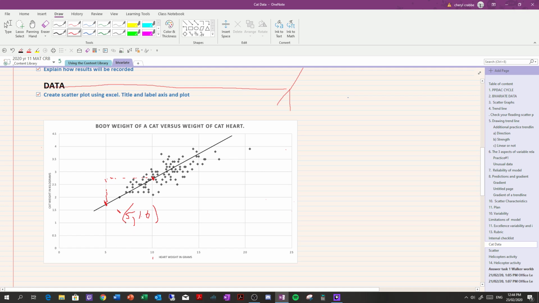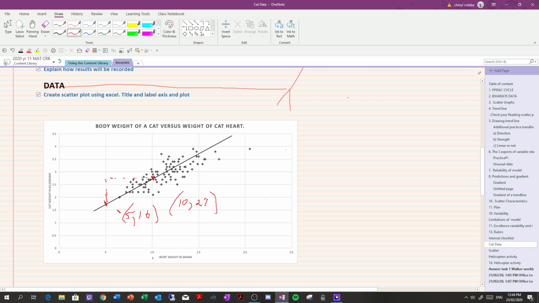But I'm just going to estimate that to be about 5 and 1.6. This one I'm going to estimate to be about 10 and 2.7. So you see that I'm estimating, and that's okay.